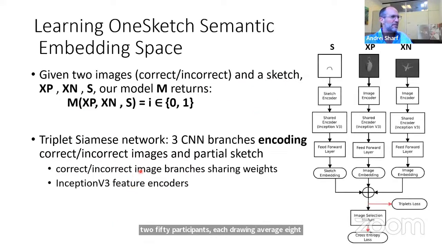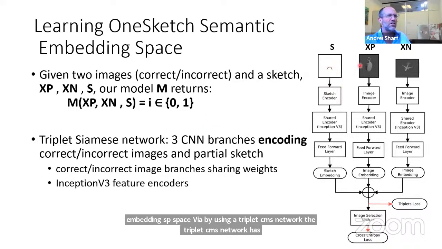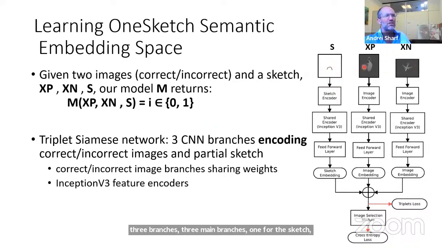And then after collecting this data, we moved to modeling the embedding space by using a triplet Siamese network. The triplet Siamese network has three main branches, one for the sketch and two for the other images. One is the positive image that the sketch belongs to, and one is the negative image which the sketch should separate.